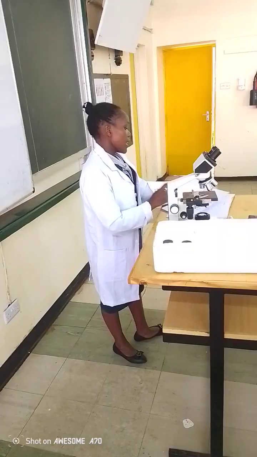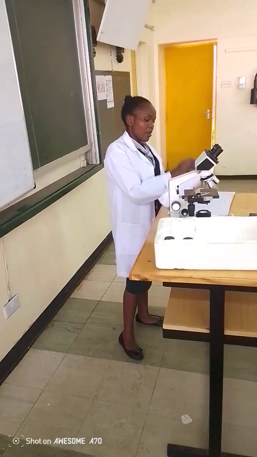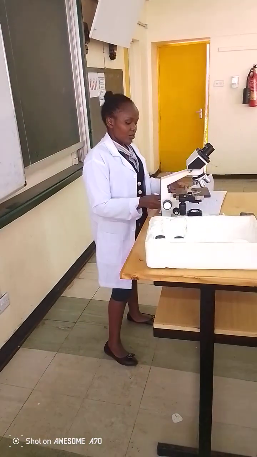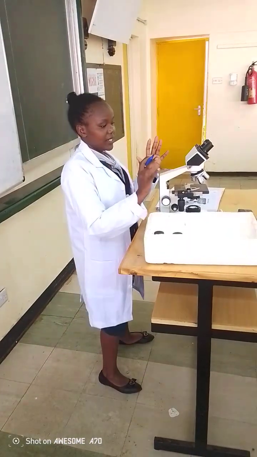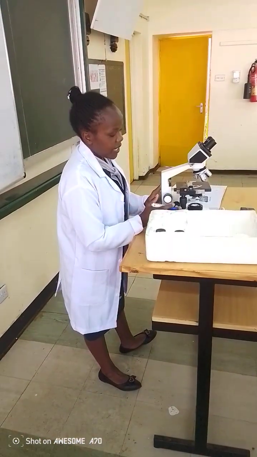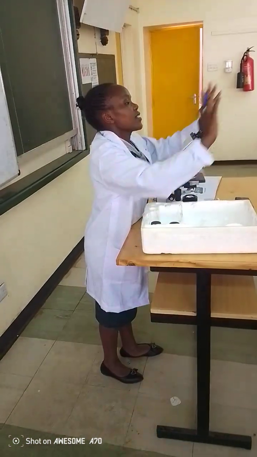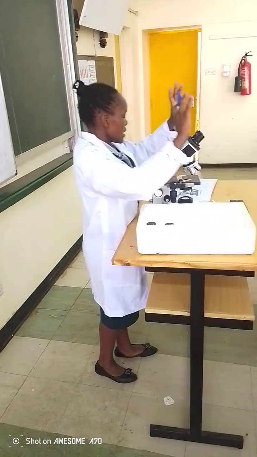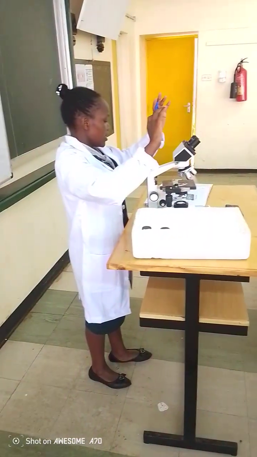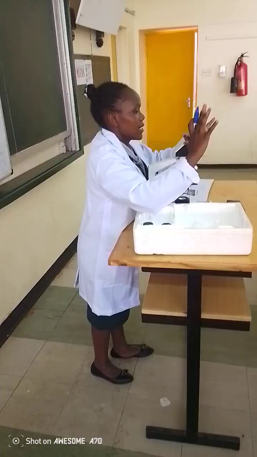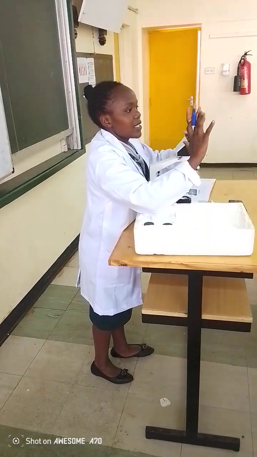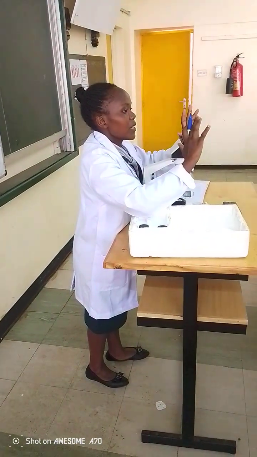And then finally we have the digital microscope. This one is somehow like a light microscope like this, but then we have an attached screen over here. It's called a digital LCD screen. Has anyone seen a digital microscope before?